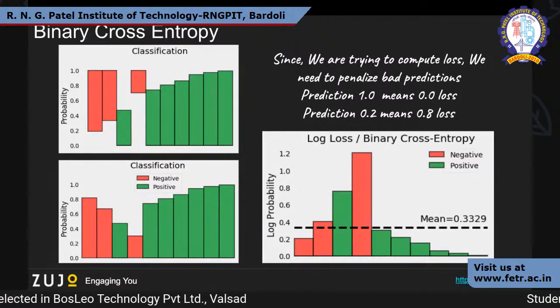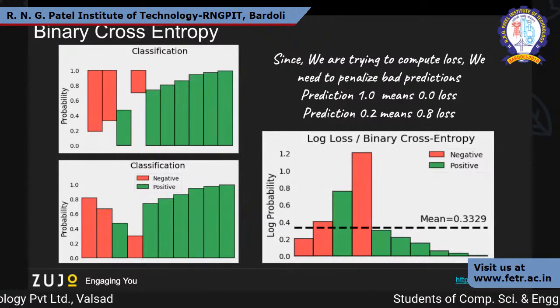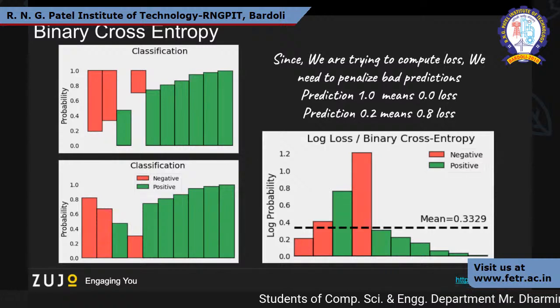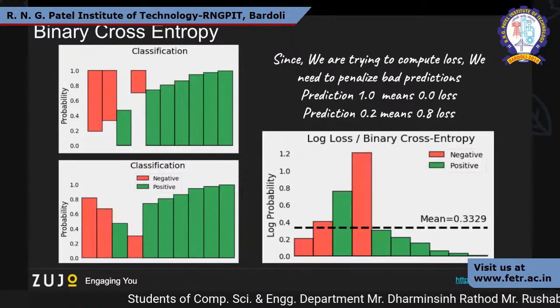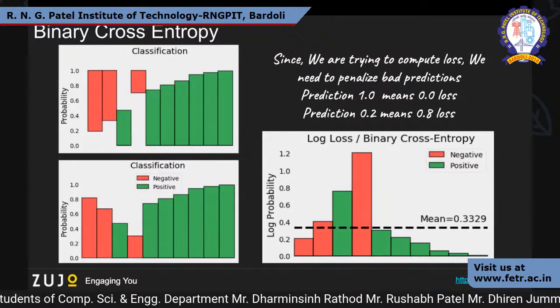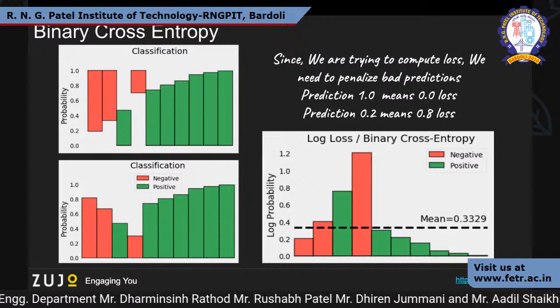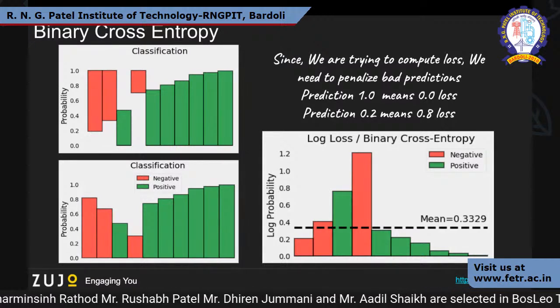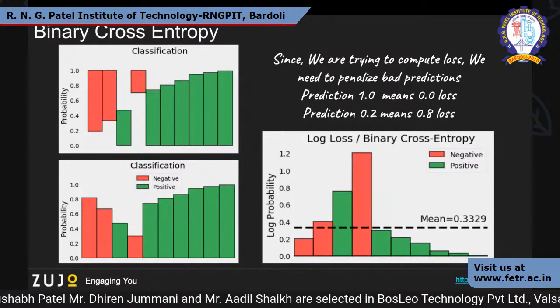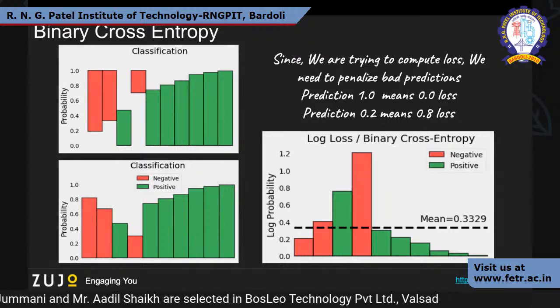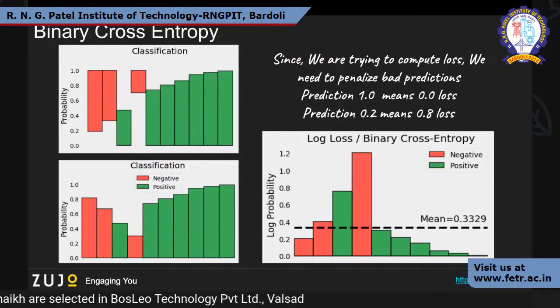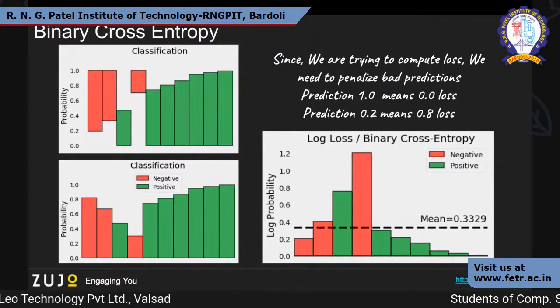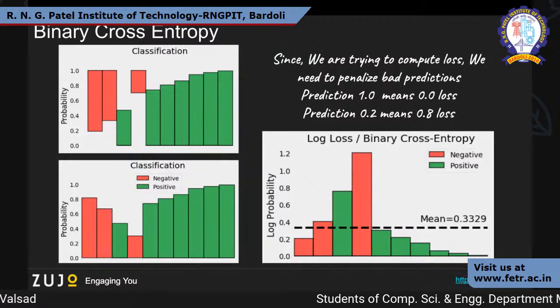So using binary cross entropy, it converts your values into a distance metric or probability, and then gives you the loss based on the actual outcome, right? And you can penalize your neural network with that loss to make it learn better, right? So that's how binary cross entropy works.